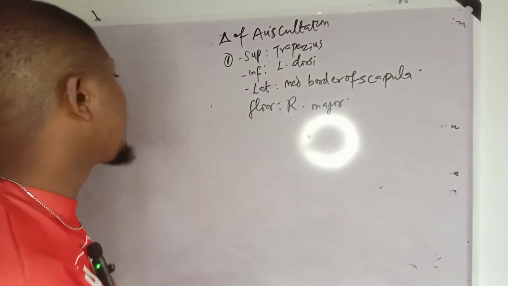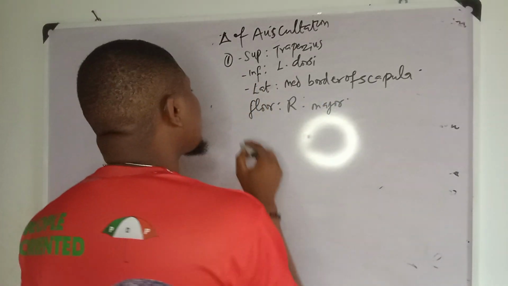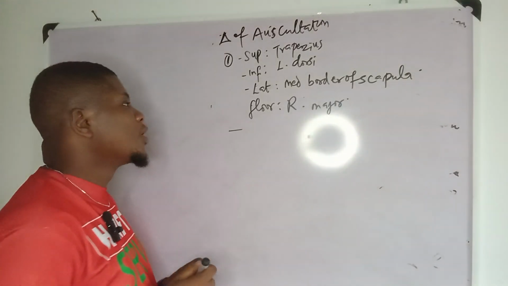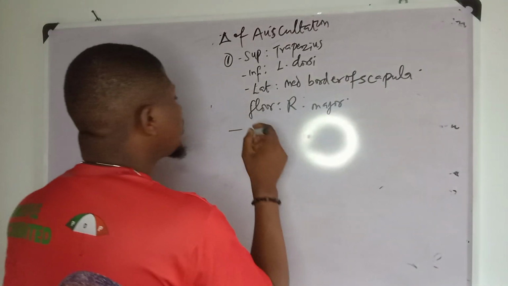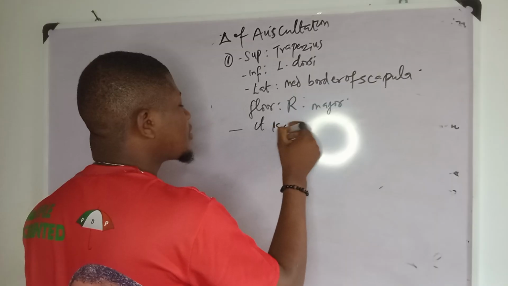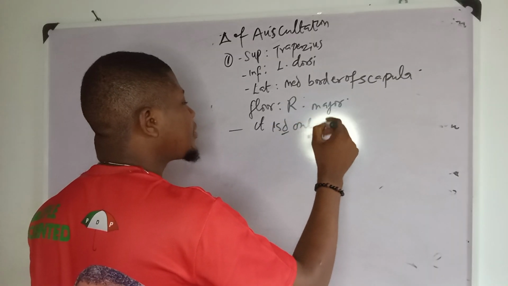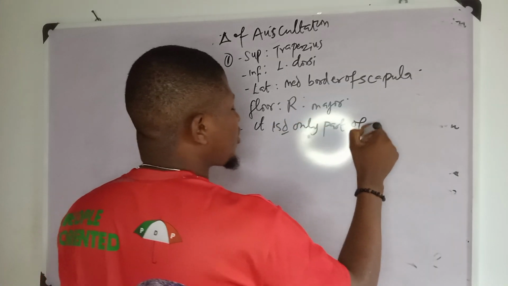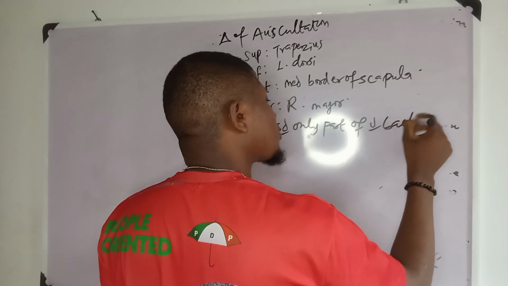Rhomboid major. Then what is the function of this triangle? You should know that it is the only part of the back not covered with muscle.